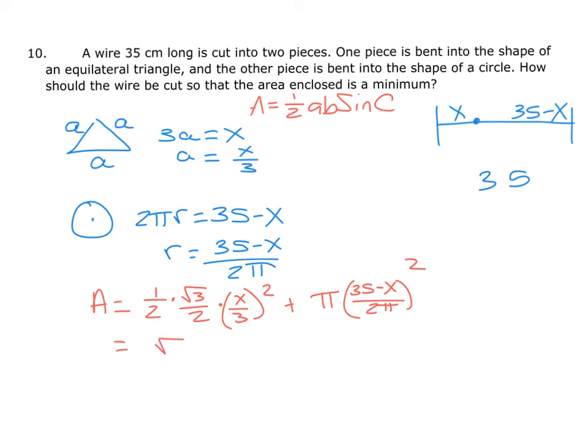We get square root of 3 over 4, and then 3 squared is 36, x squared, plus one of the pi's goes away. 35 minus x squared over 4 pi. Because we have to square the 2.